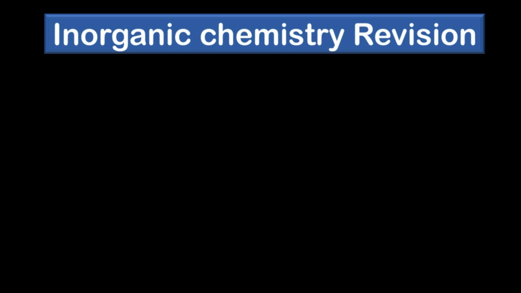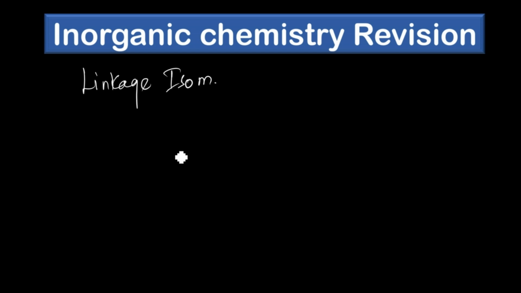Then the next type is linkage isomerism. This was asked in previous year papers as well. Linkage isomerism, as I told you, involves ambidentate ligands, nitro, cyano; those ligands come into the picture here.